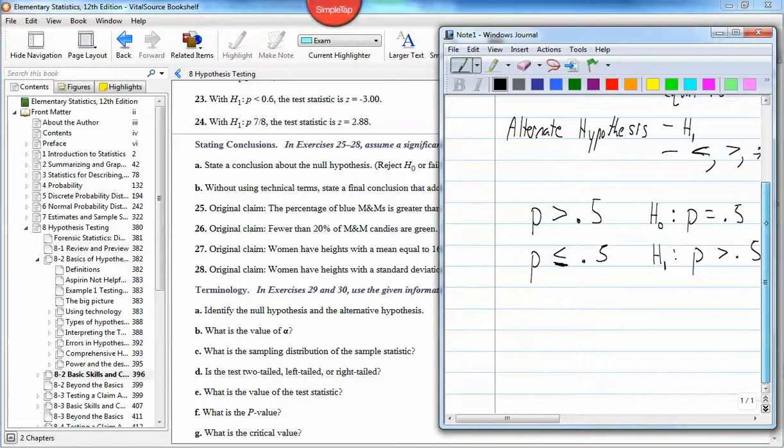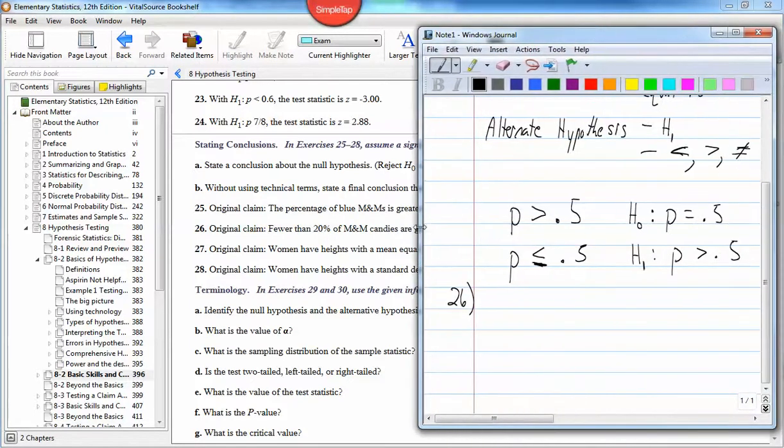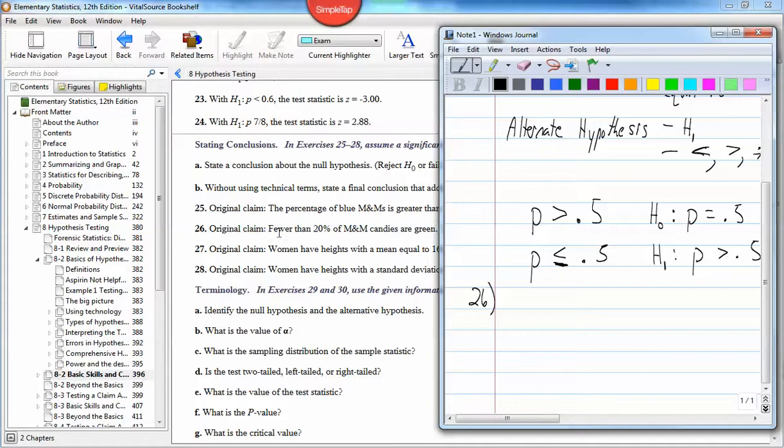Alright, so for number 26, the original claim: fewer than 20% of M&M candies are green. Okay, we're not worried about the next part. So fewer than 20%, that would be P is less than 0.2.